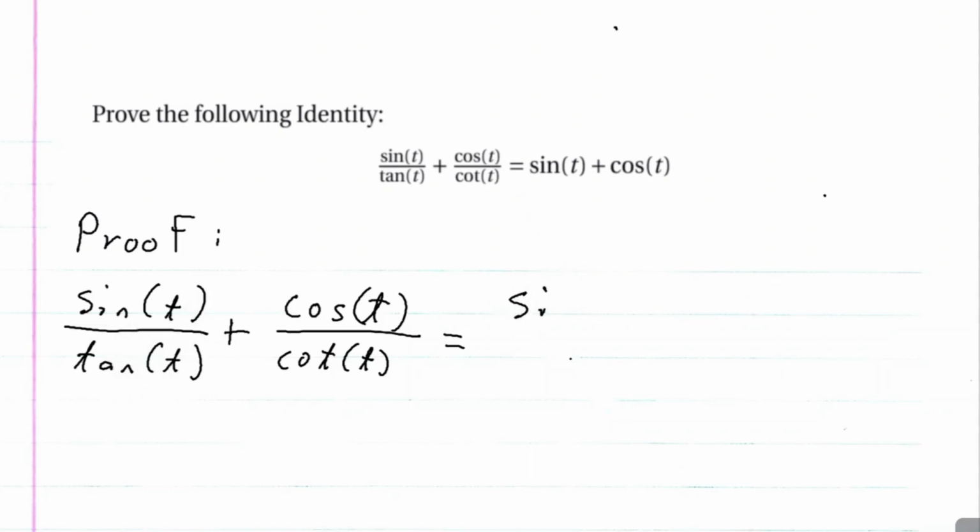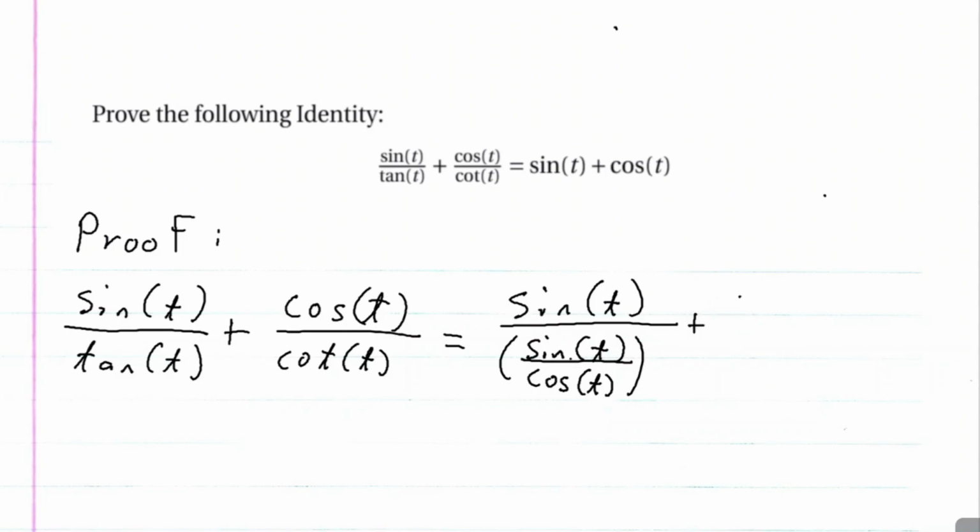So that'll be sine of t over sine of t over cosine of t plus cosine of t over, so cotangent is cosine of t over sine of t, right?